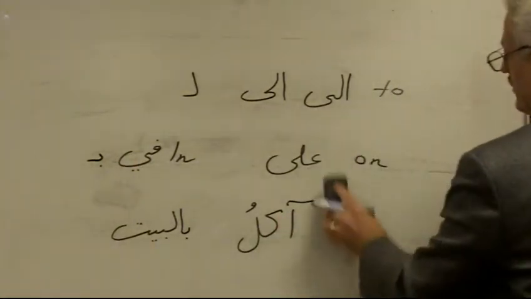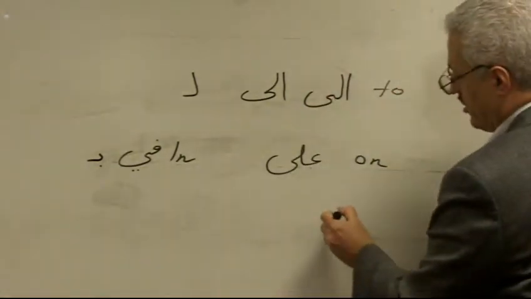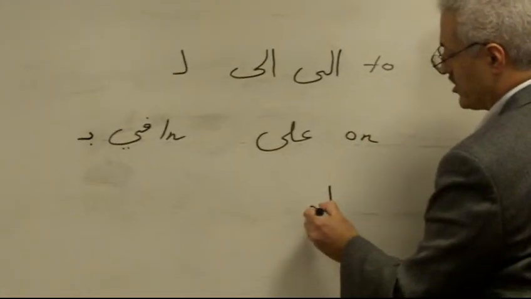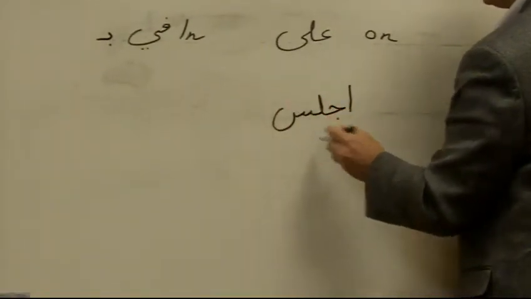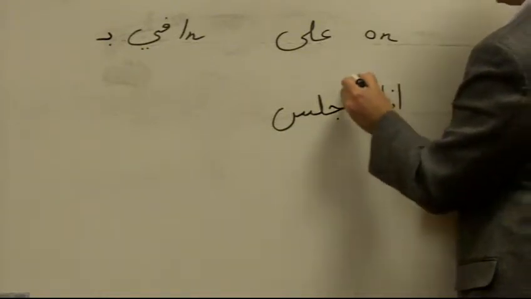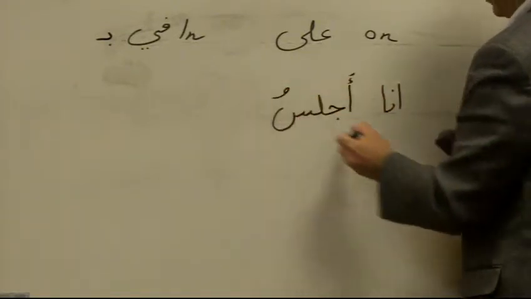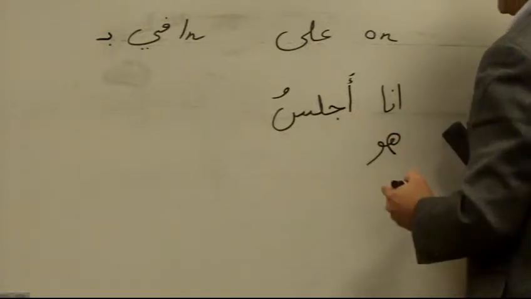Let's go over these three verbs quickly. So I want you to do this as an exercise at home. Go back to the previous verbs I taught you and say أنا أجلس, هو, and you fill in the blanks.